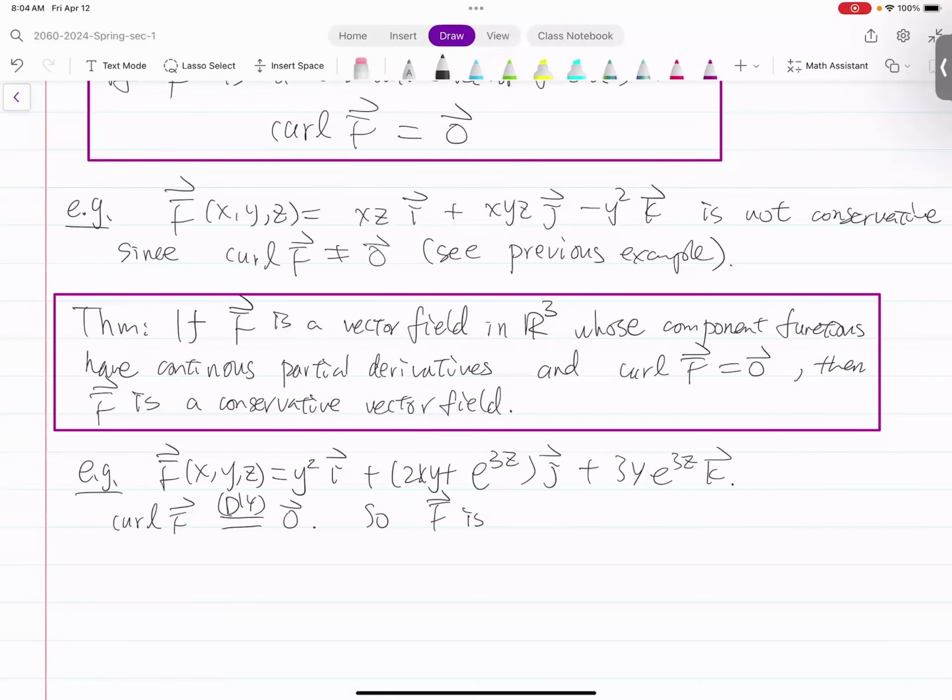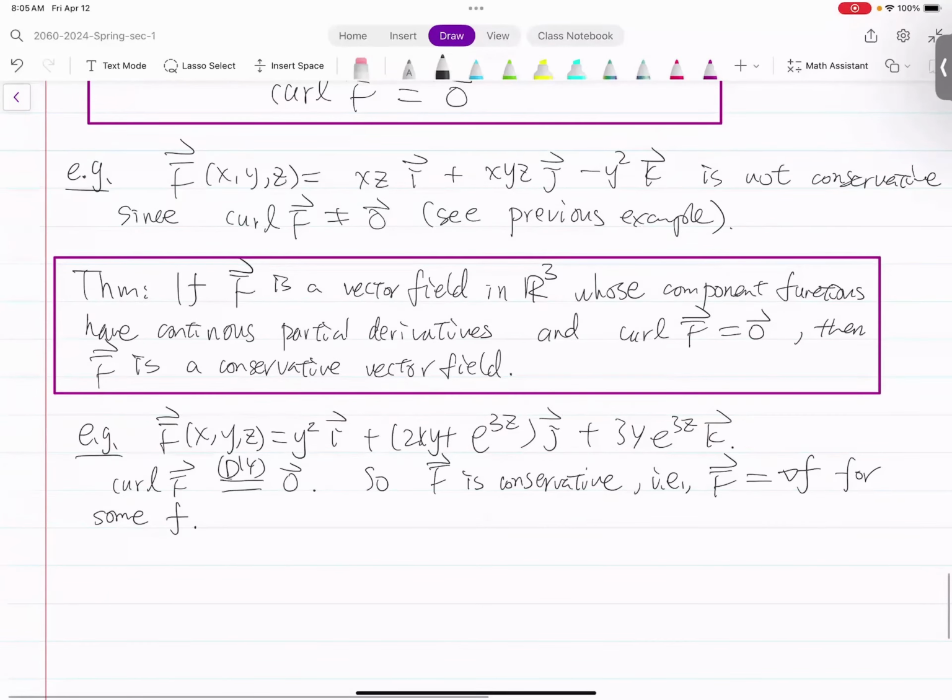So that tells you f is conservative. That means f equals to the gradient of some little f. So what is this function?